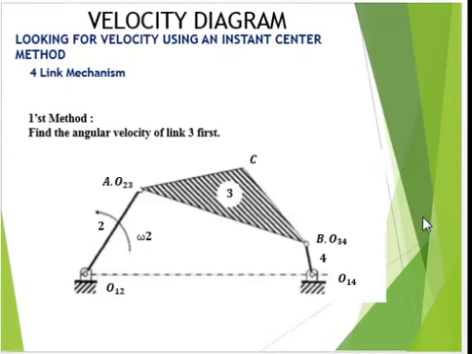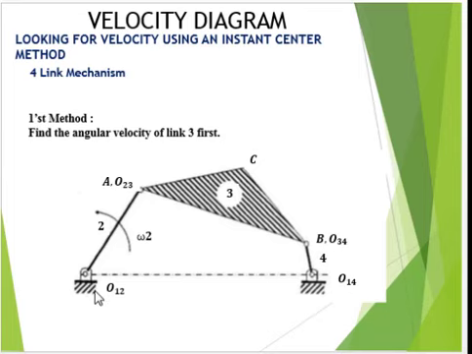Okay, this is another example for this lesson. This is the same four-link mechanism. As an illustration, consider the following example problem. The mechanism in the following figure has four links: 1, 2, 3, 4.